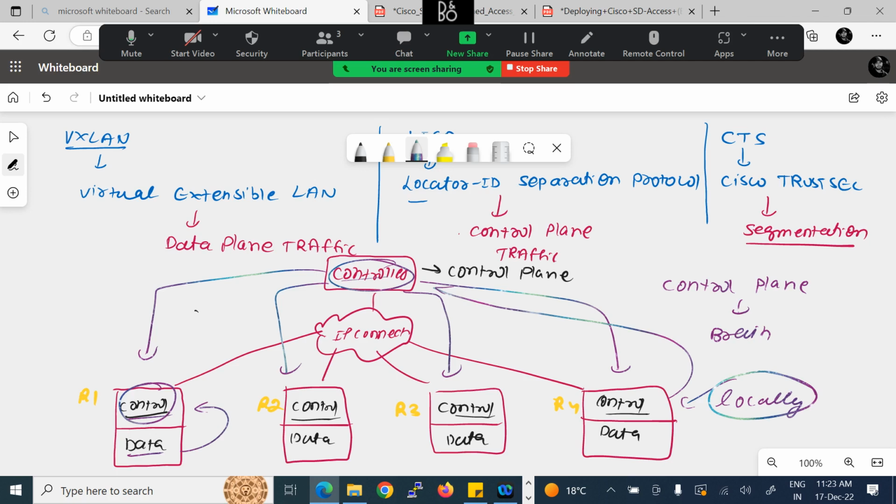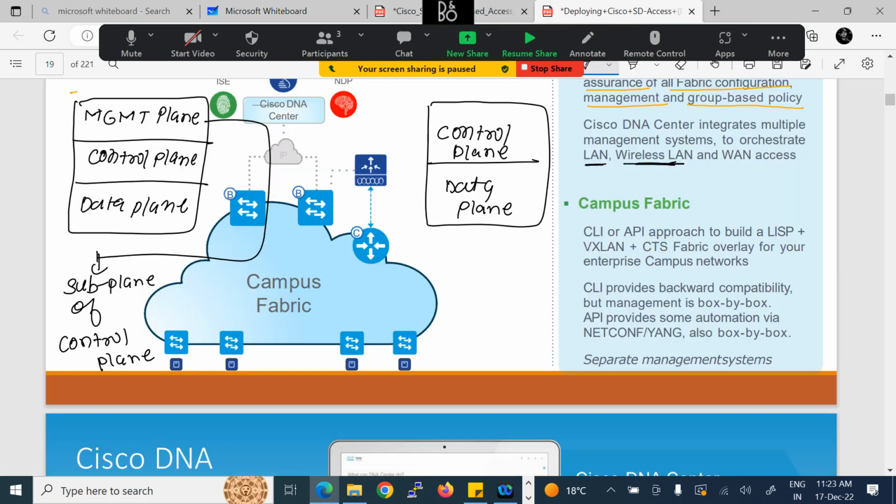The device still has its own control plane, but we are managing it through the controller. That's why CLI provides backward compatibility: you can still access and configure your device locally. That's your personal choice.